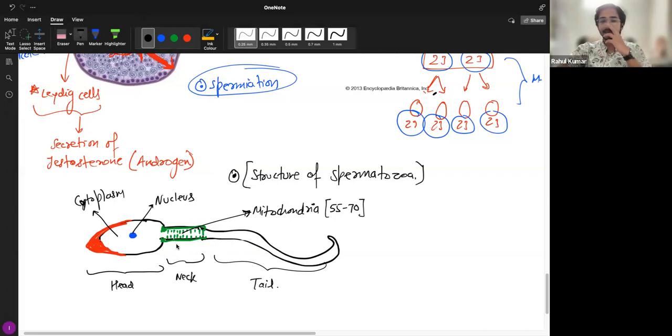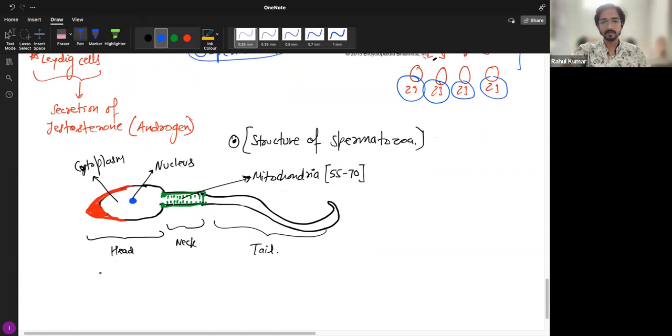Whenever a sperm fertilizes an ovum, only the head enters inside the ovum. This is important, write down: only the head enters the oocyte during fertilization. And why is that?